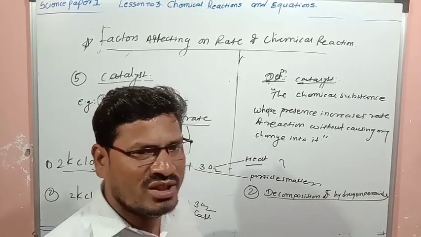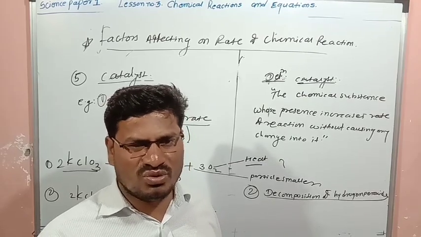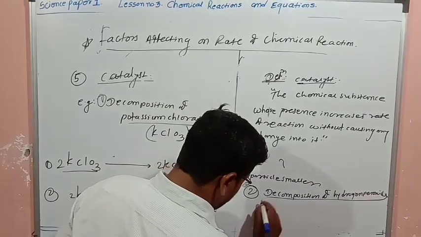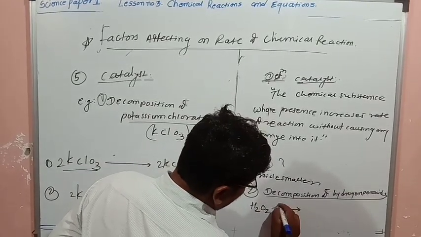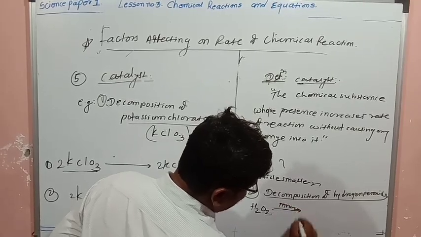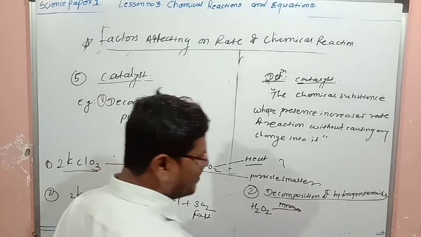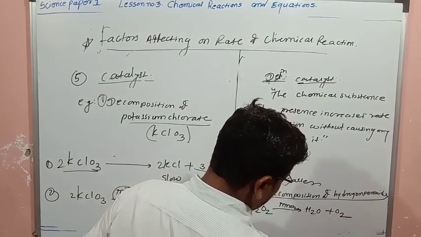But if you are using MnO2 catalyst, then hydrogen peroxide will get converted to H2O and O2 very fast. So H2O2, hydrogen peroxide, if you use MnO2 catalyst, manganese dioxide, will form H2O plus O2.